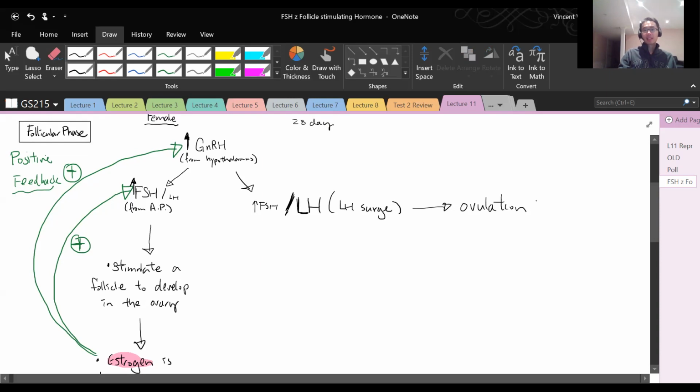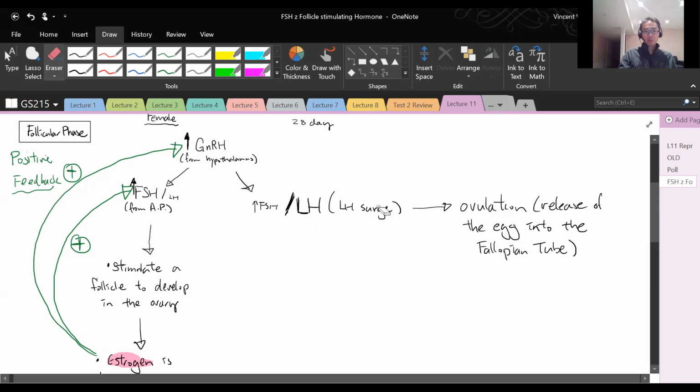Ovulation, release of the egg from the ovary into the, where does the egg go? Anybody know? What structure are we releasing the egg into? The fallopian tube. The fallopian tube is correct. Or the oviduct, it's going to go in there.